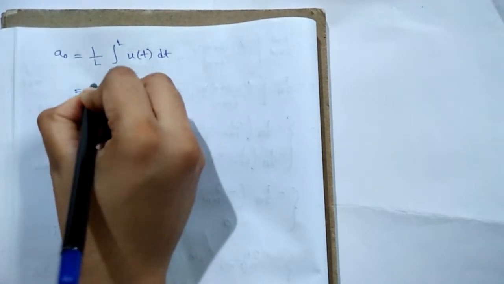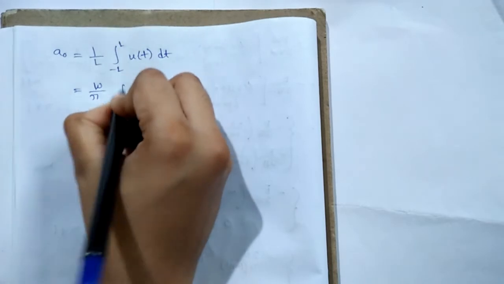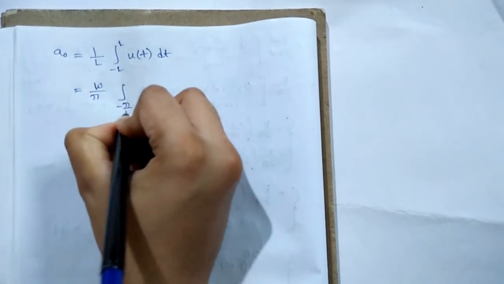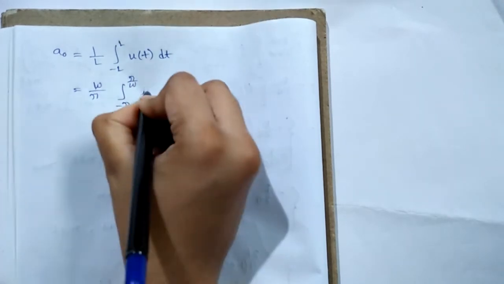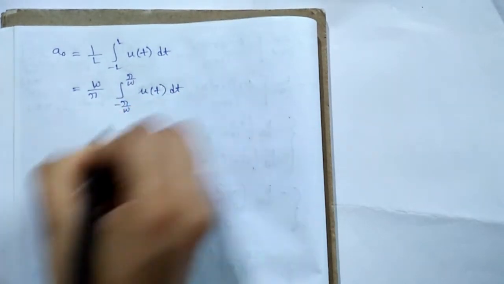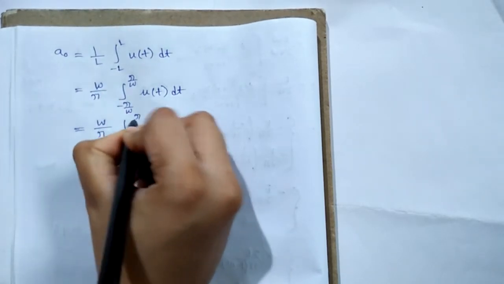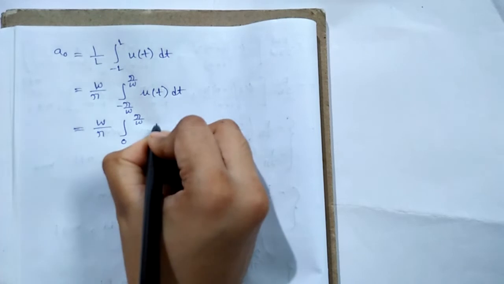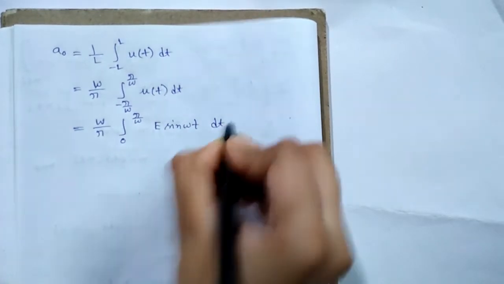This is equal to 1 by pi by omega, integration from minus pi by omega to pi by omega of u(t) dt. This is equal to omega by pi, integration 0 to pi by omega, e sin omega t dt.